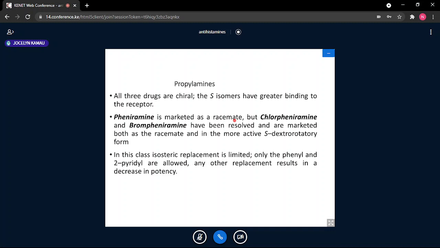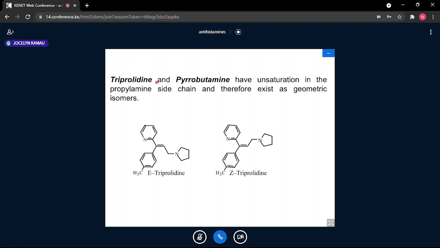It will give us the correct size, which we said is between 5 and 6 angstrom, for it to optimally interact with the receptor. I think that is how far we went. We looked at triprolidine and pyrrobutamine. They have unsaturation in the propylamine side chain and therefore exist as geometric isomers.